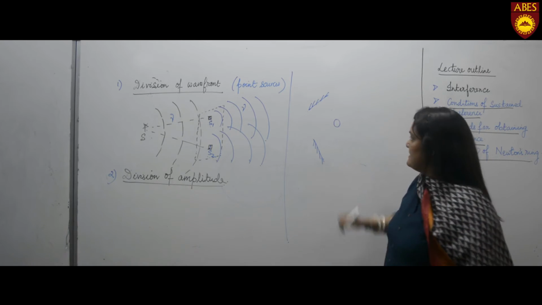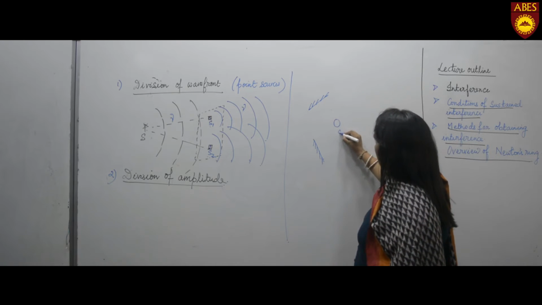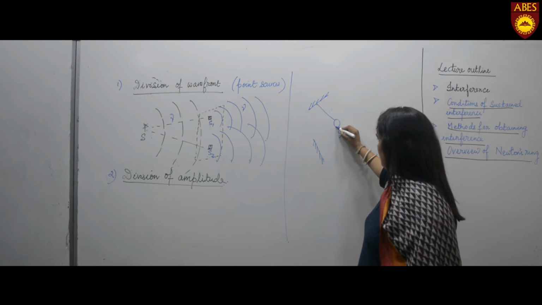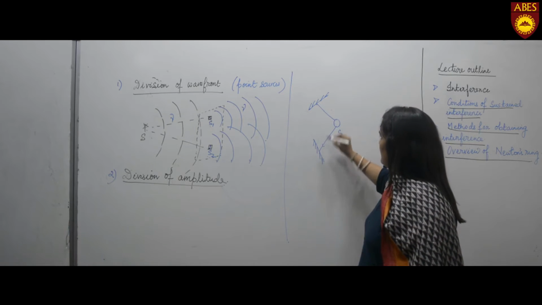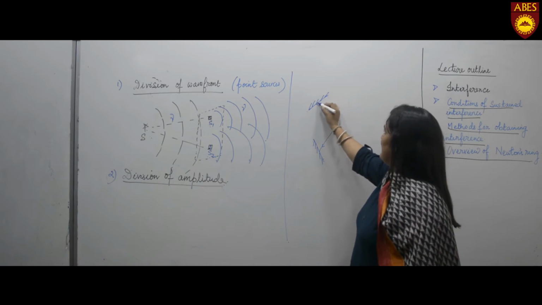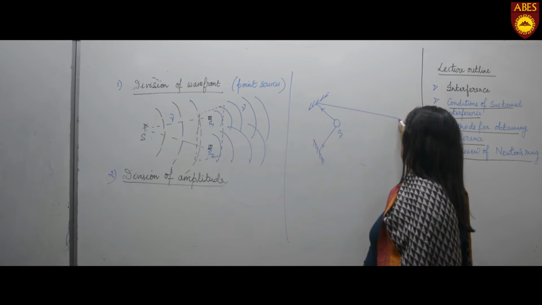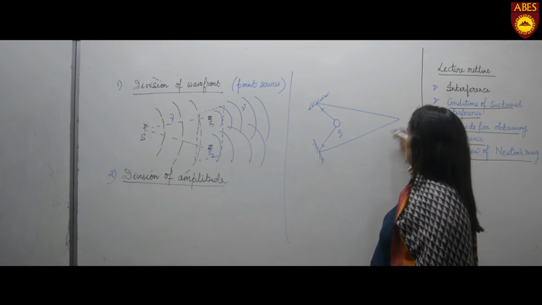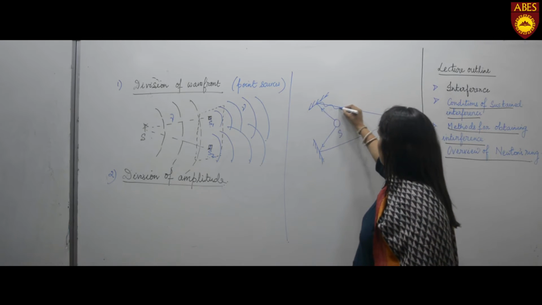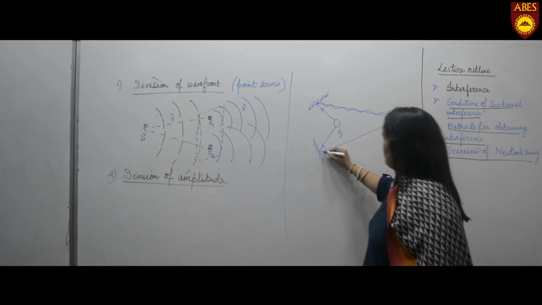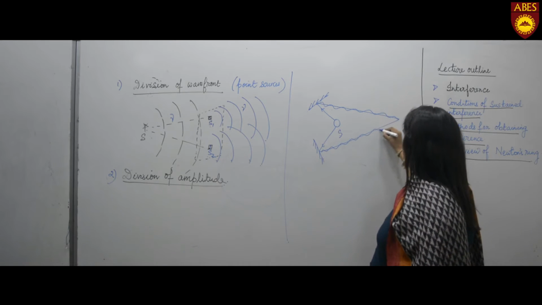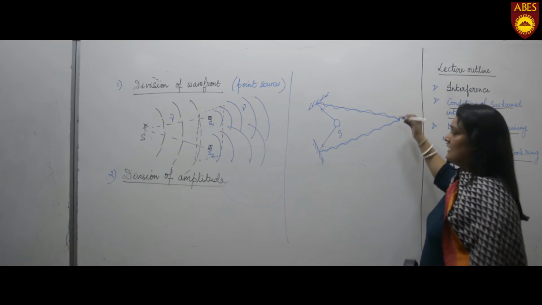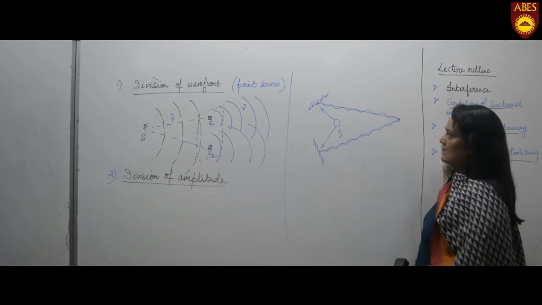Two mirrors are placed. Light from source S happens to be incident on these two mirrors, get reflected, and these waves can interfere at some point, producing again modification of energy.